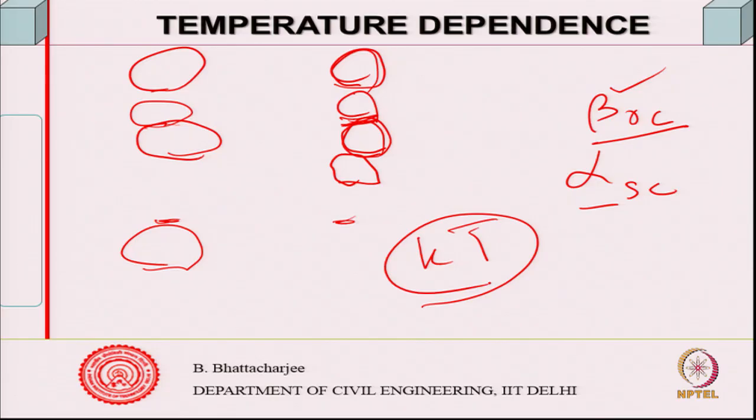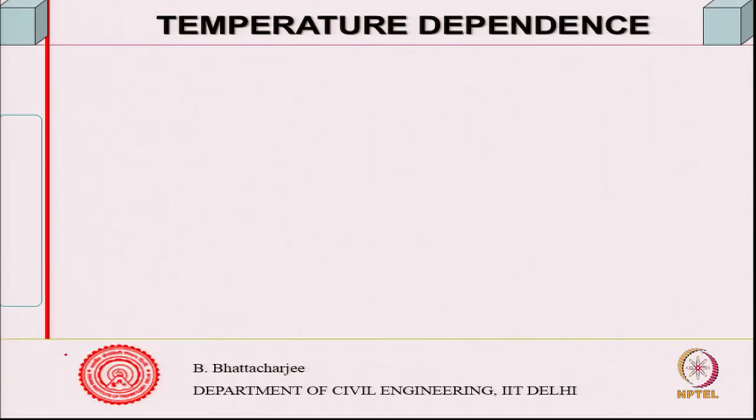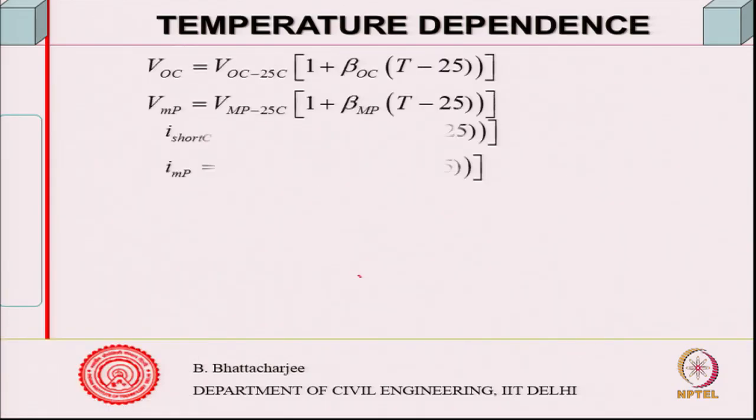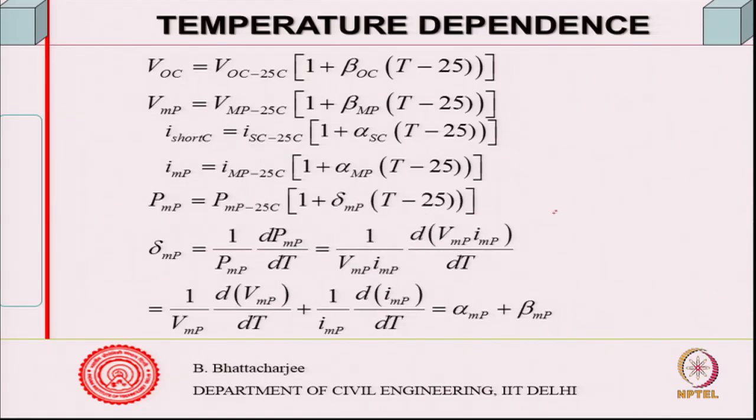So, one of the simplest ways of dealing with it is by assuming that alpha is 1 by I dI dt.